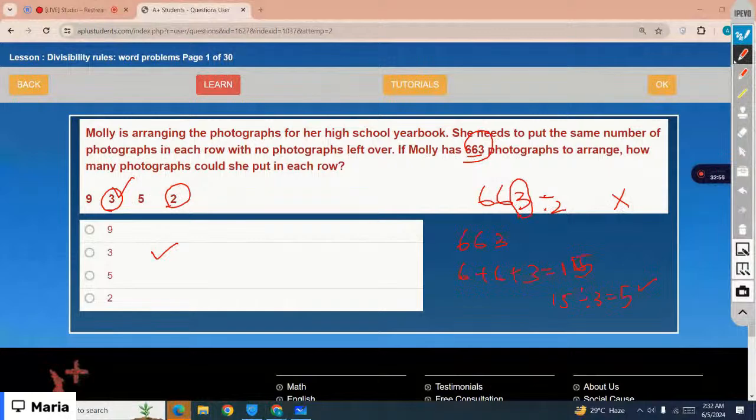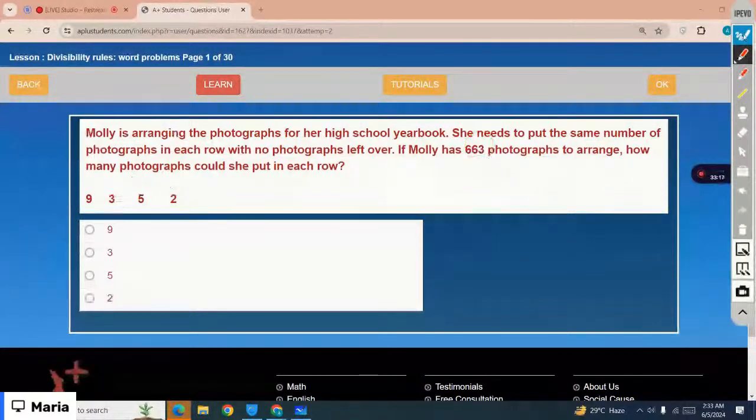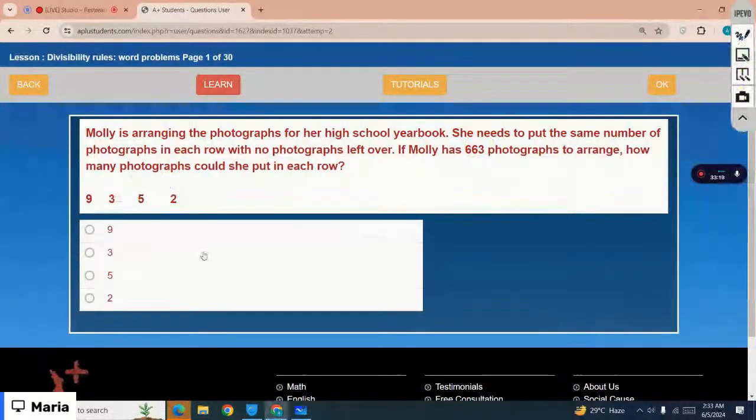Got it? Option number 2 is the correct option.